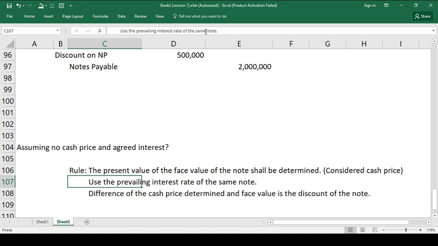Assuming there is no cash price provided and there is no agreed interest on that non-interest bearing note. If there is a cash price, get the difference between the cash price and the face value of the note, and that difference is considered to be the discount on notes payable. So yun lang po yung rule.